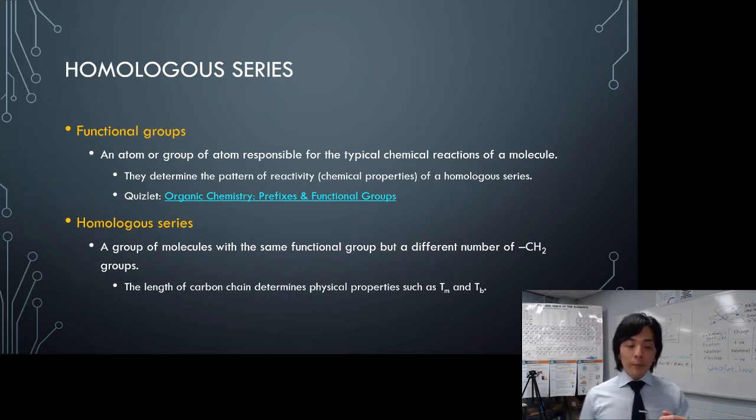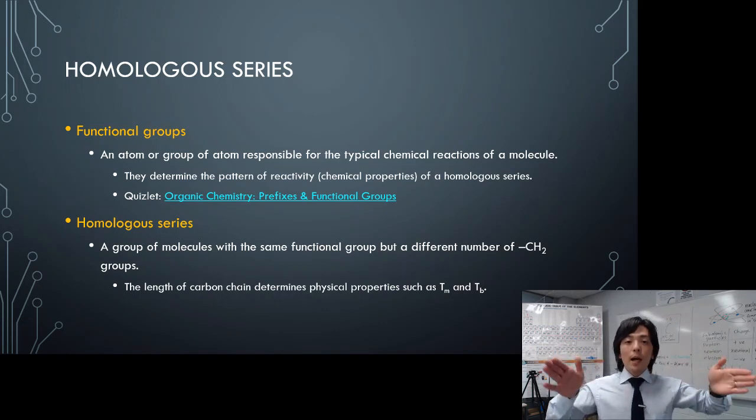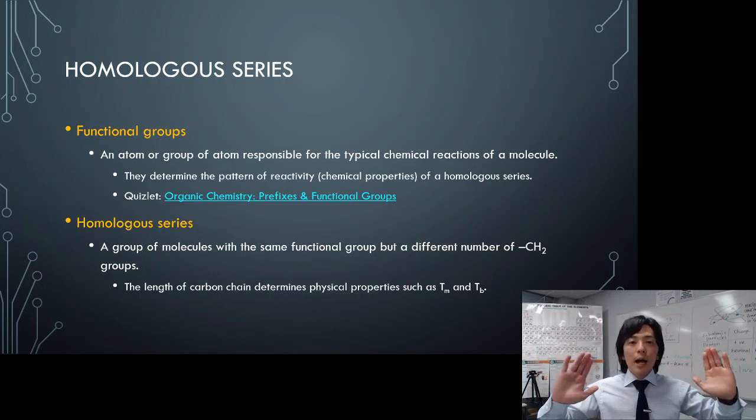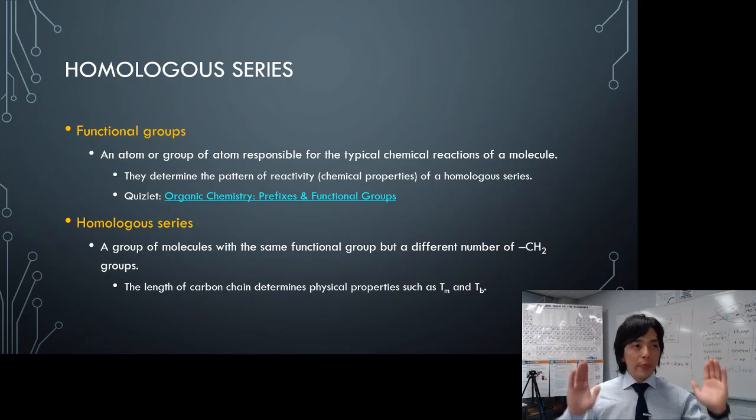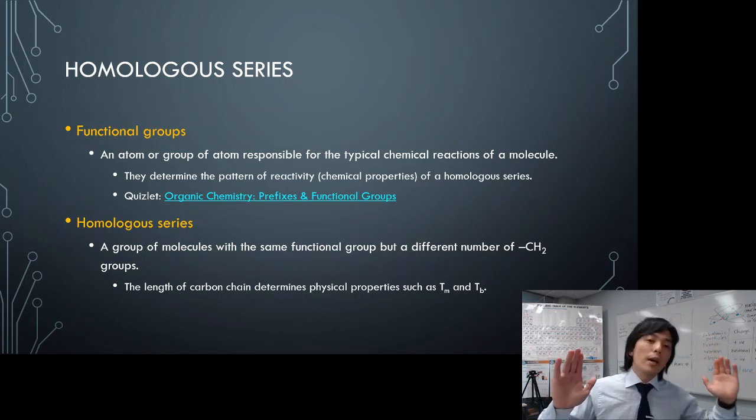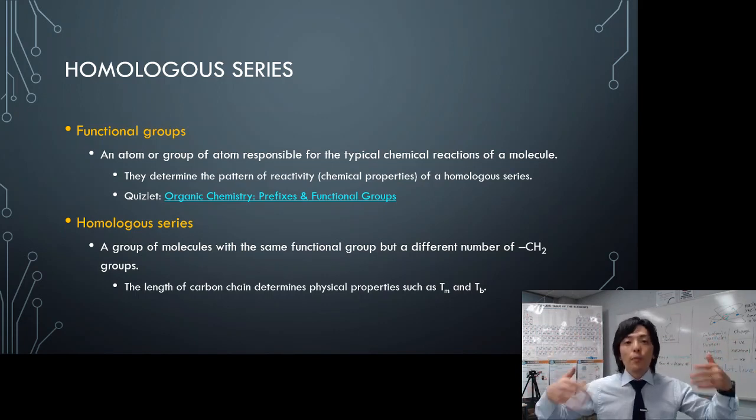Important word there: a group of molecules with the same functional group, but a different number of CH2 groups. The length of the carbon chain determines physical properties such as melting point or boiling point. Now, the last idea should not be new. If you increase the length of the carbon chain, mass number becomes bigger, the number of electrons increases, therefore you'd expect boiling point and melting point to go higher.